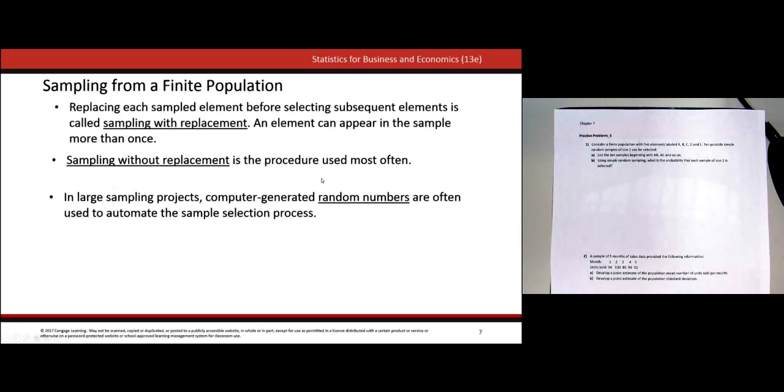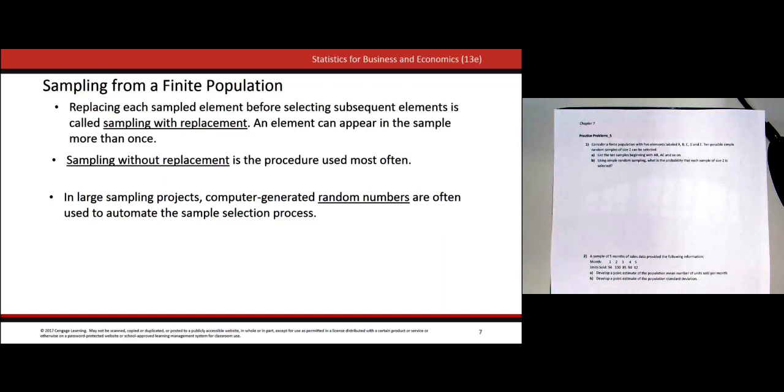There are two different approaches here: sampling with replacement and sampling without replacement. If you replace an element before you select another element, that is sampling with replacement. If you don't replace that element before you select another element, that is sampling without replacement.